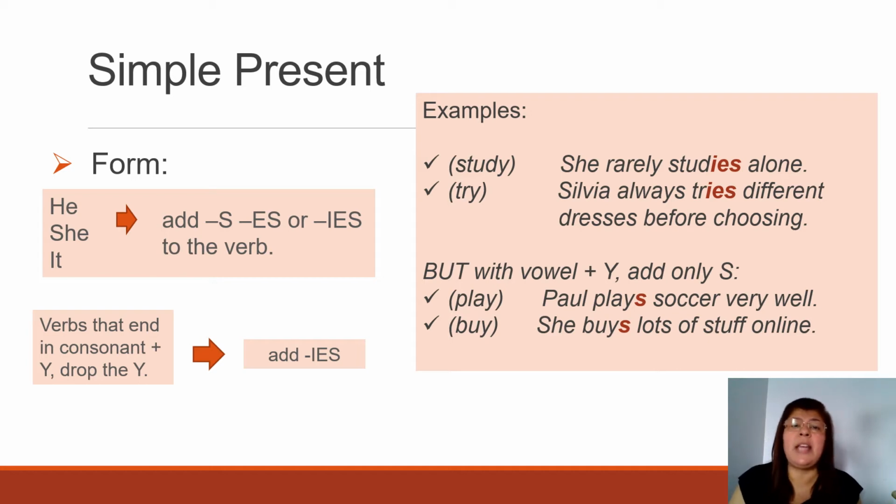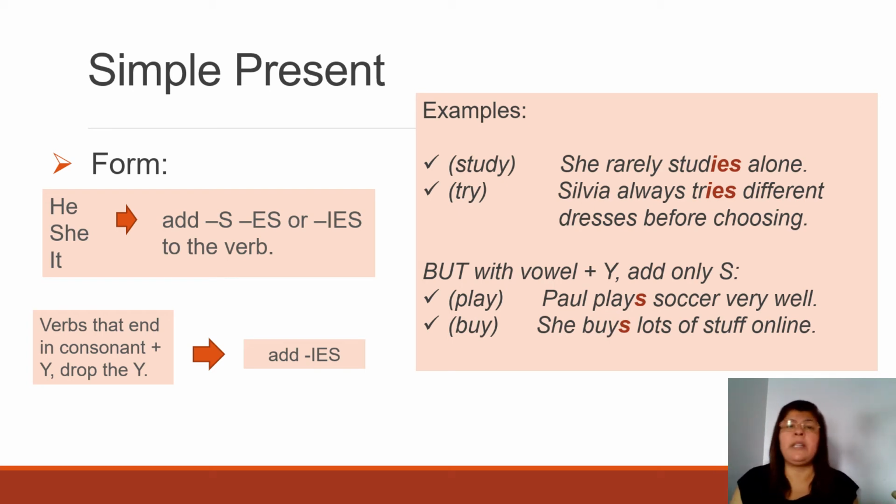So study ends in consonant plus y, s-t-u-d-y. So you have to remove the y, drop the y, and add ies. For example, she rarely studies alone. She, third person singular, so I have to add an ending. So study ends in consonant plus y. You drop the y and add ies.